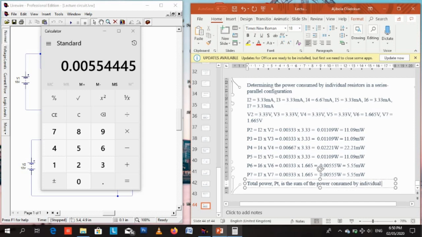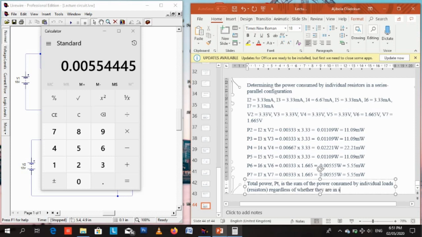resistors or individual loads. Now, like I said before, when it comes to power, it doesn't matter whether the resistors are connected in parallel or in series. When you are calculating total power by adding individual power consumed, it doesn't matter whether they're connected in parallel or series. So regardless of the configuration, total power is basically the addition of individual power consumed.